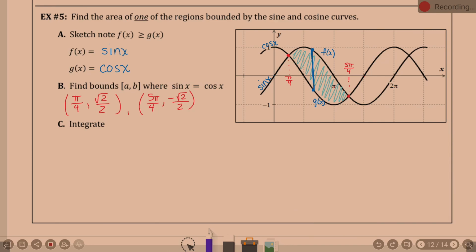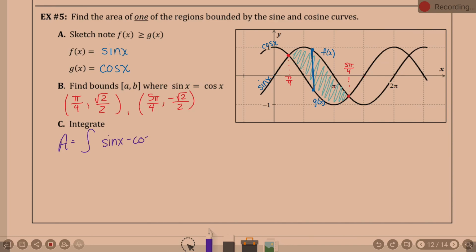Okay, guys, it says integrate. We're trying to find the area of the first section, the blue one. What are we going to do? It'll be the integral of f of x minus g of x: sine x minus cosine x.